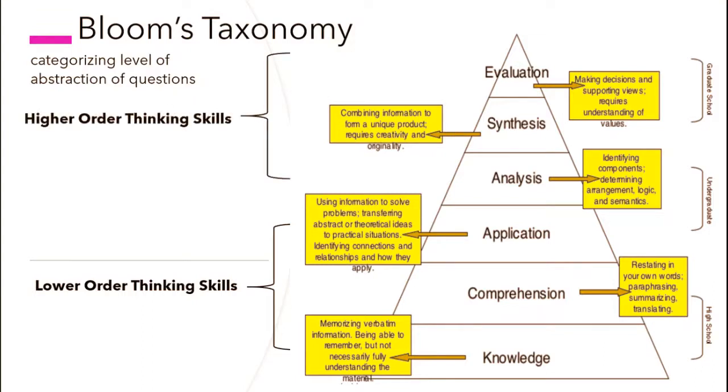The second category would be higher order thinking skills, or HOTS. This refers to skills that go beyond memorizing information and puts more emphasis on the development of analytical skills.